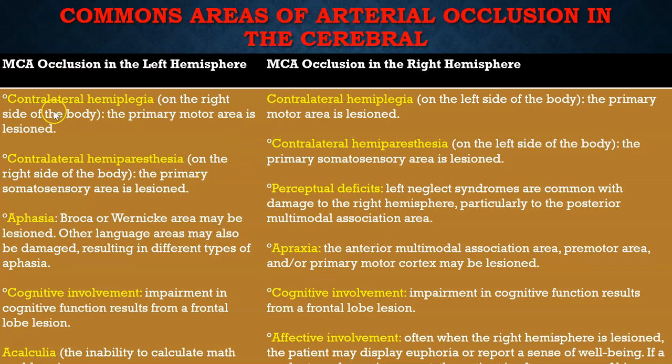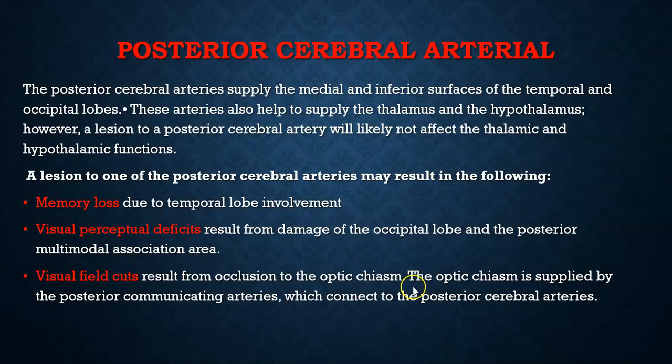Now, this is the same thing. I put it in a little bit more explanation here. Aphasia, Broca's, Wernicke's, like MCA occlusion on the left side, and MCA occlusion on the right side. And as we mentioned before in the table, the posterior cerebral artery, if there's occlusion, what will be the symptoms: the memory loss, visual perceptual deficits, visual field cut, very important part, because of the temporal lobe involvement and the PCA is supplying blood to the occipital lobe also.